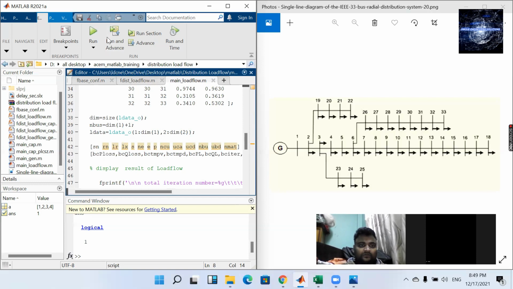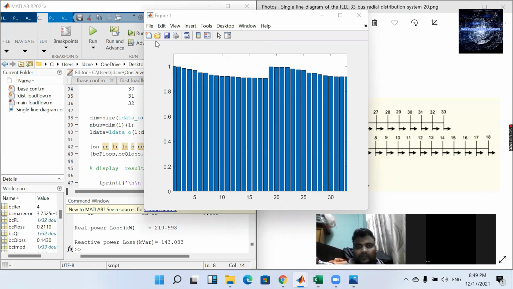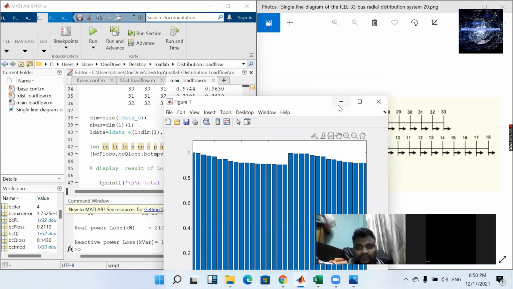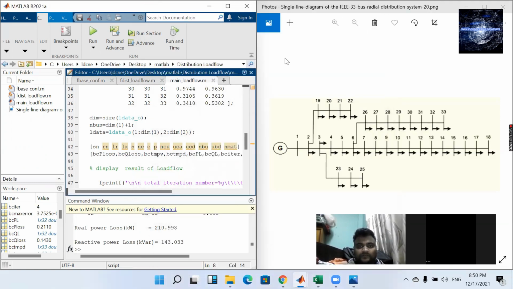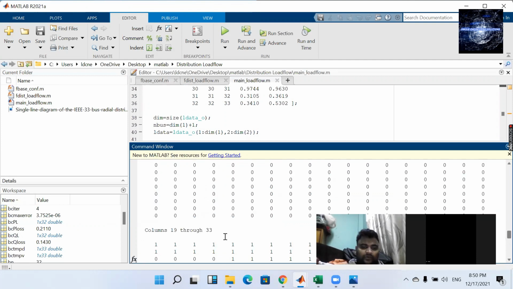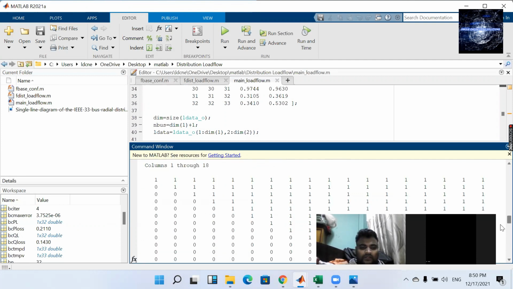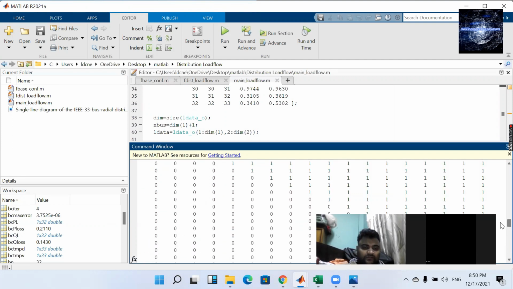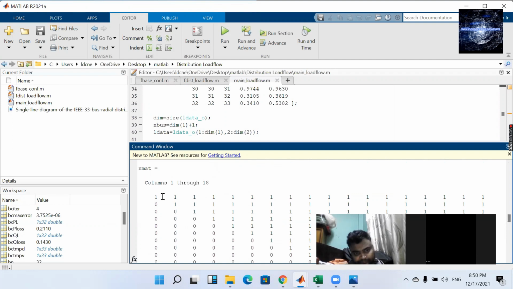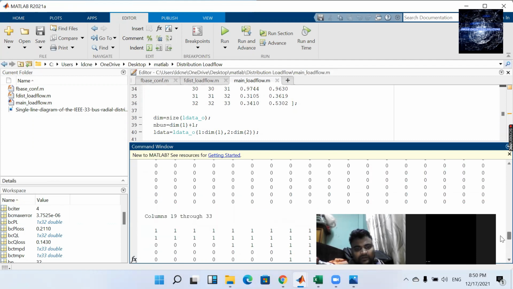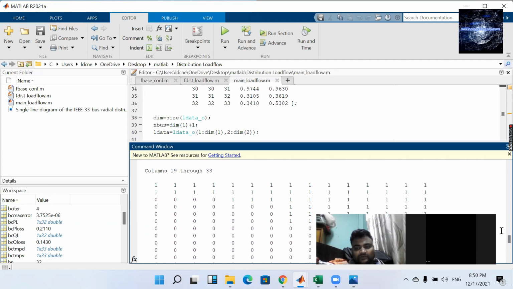First of all, let's run this program. Here I am going to explain the NMat. What is the NMat? Columns, how many columns? 33 columns, and rows are also 33. Now see, in the upper row, every element up to here is 1, and the remaining 19 to 33 are also 1.